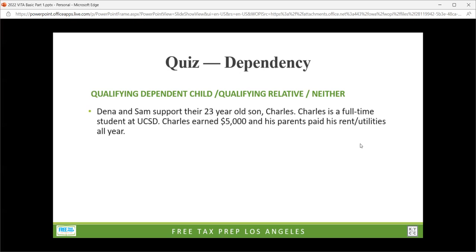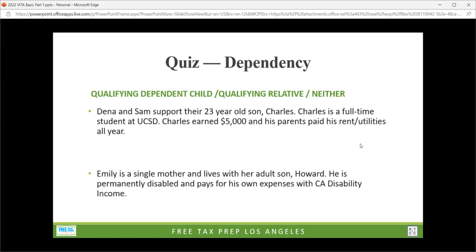In this case, Dina and Sam can claim their son as a qualifying dependent child. Why? Because he's under 24, he's a full-time student, and they pay for more than half of his expenses. Yes, Charles made $5,000, but as a dependent child, there is no income limit.